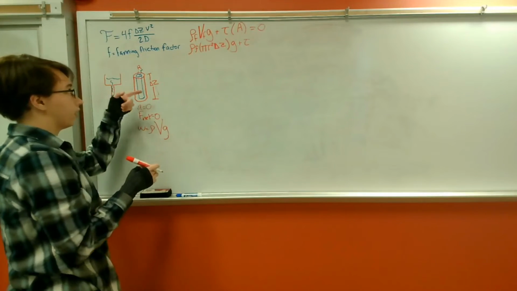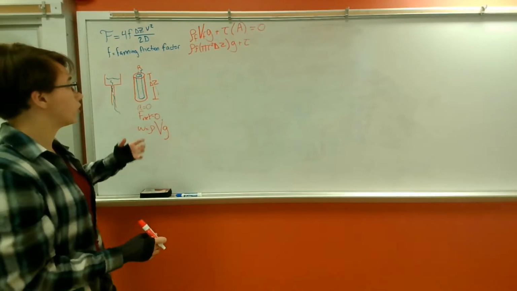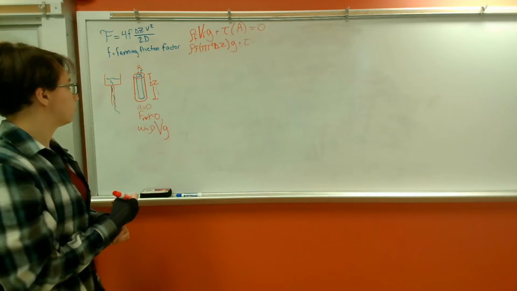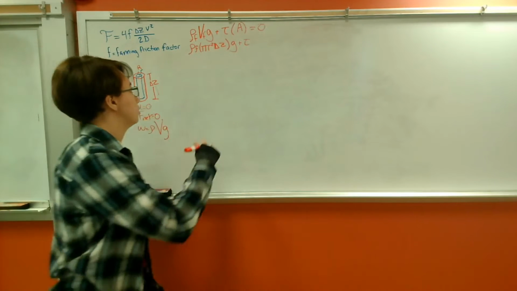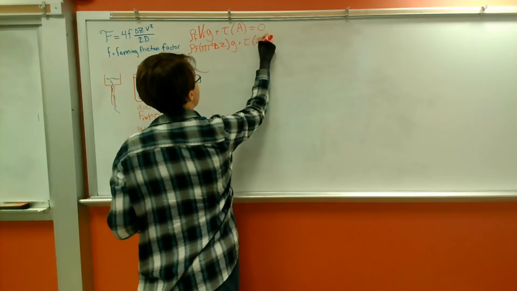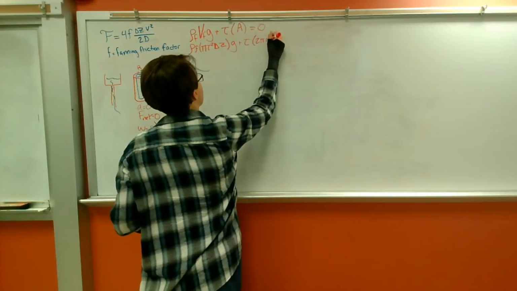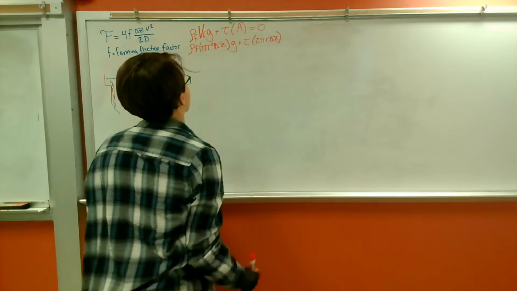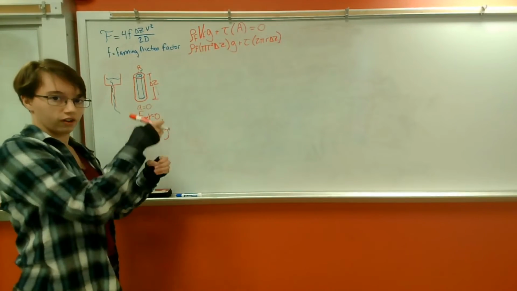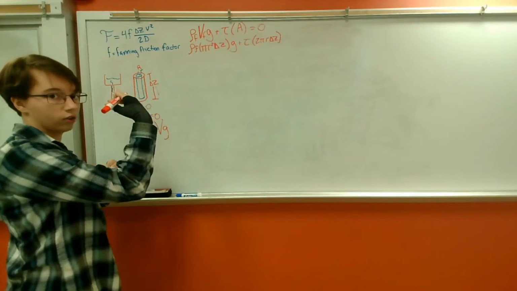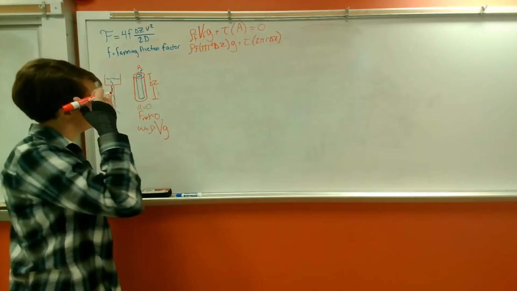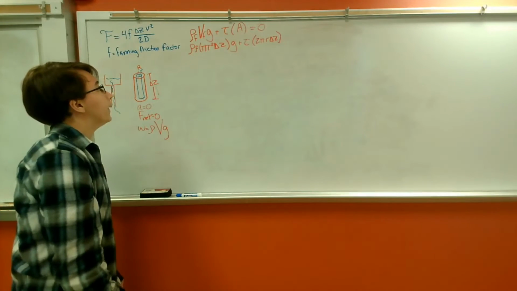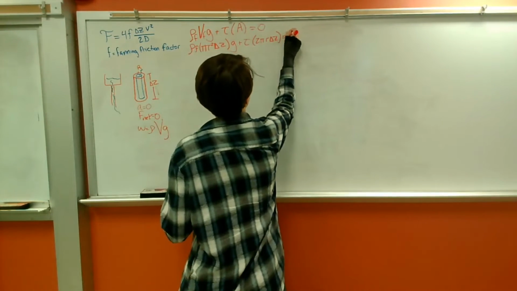So the area that shear stress is acting on is going to be the surface area of the cylinder, which is 2 pi r times the height. So 2 pi r delta z. So just the surface area of the outside column, not including the circles on the top and the bottom, because we're really just looking at that concentric circle. Alright, and then that is going to be equal to 0.